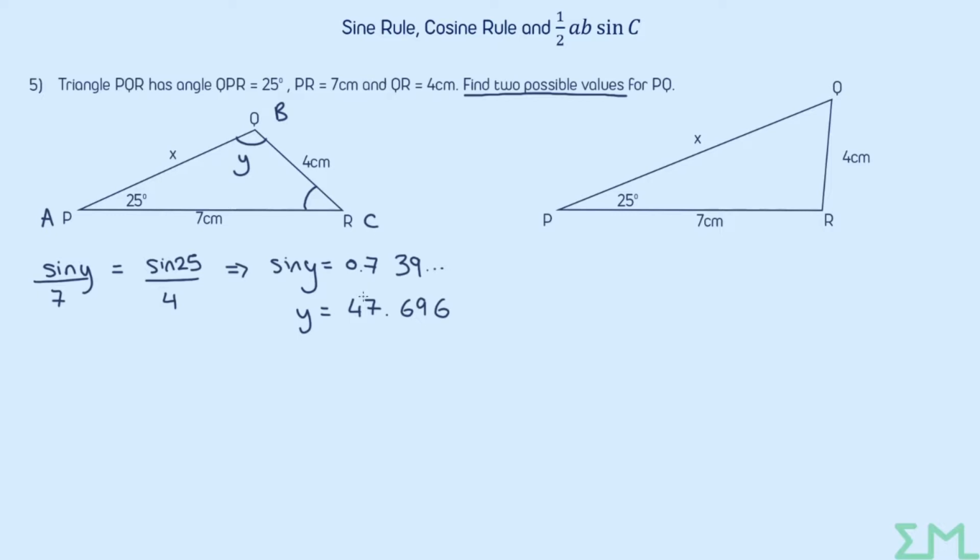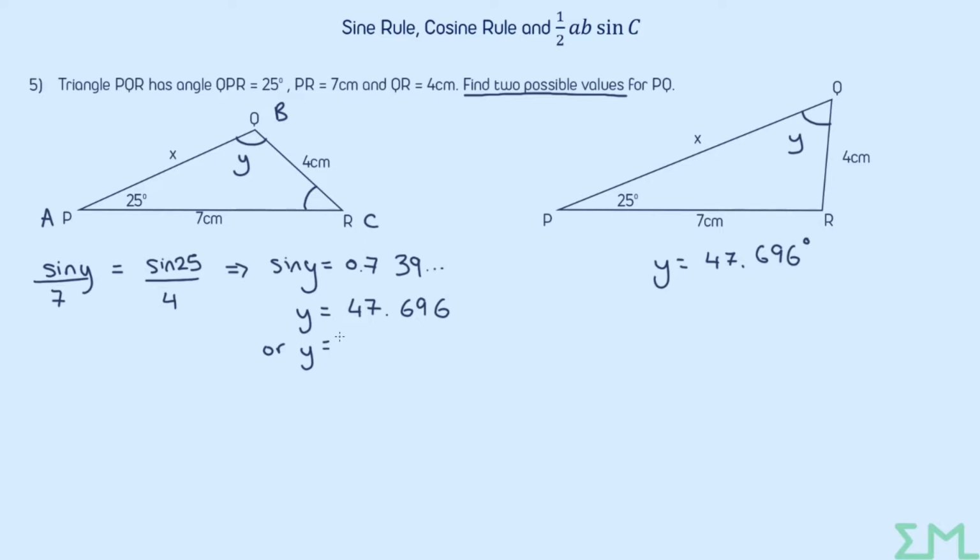Okay, now clearly this working does not fit with this triangle, obtuse angle, acute angle. So actually, if we come over to our other option, this would correspond to our 47.696 degrees for this triangle. What we want here is the alternative. So this is where we do 180 minus this answer.